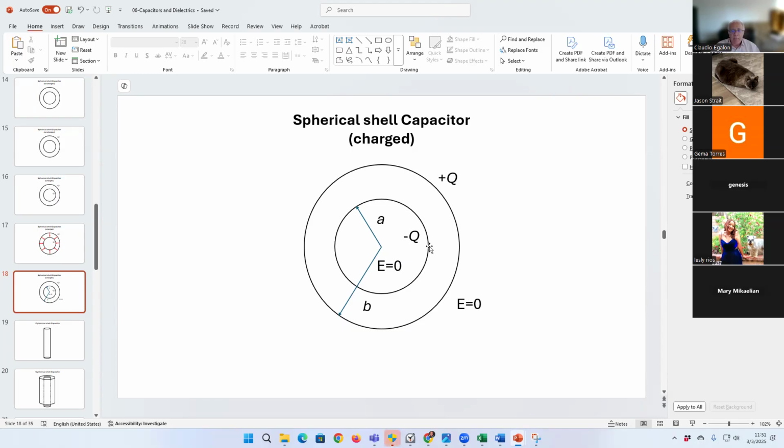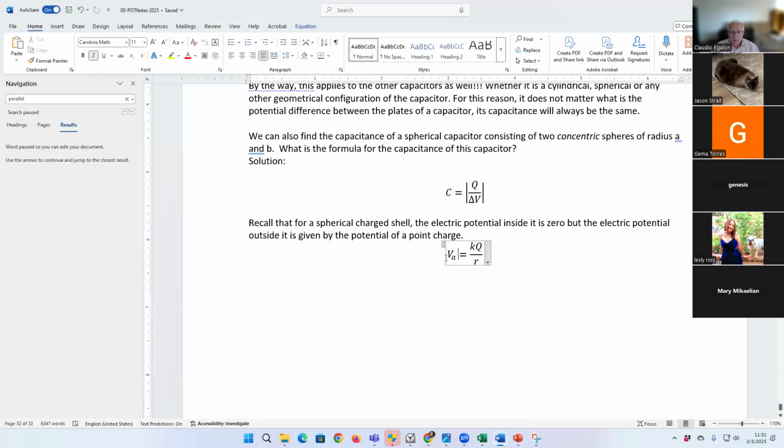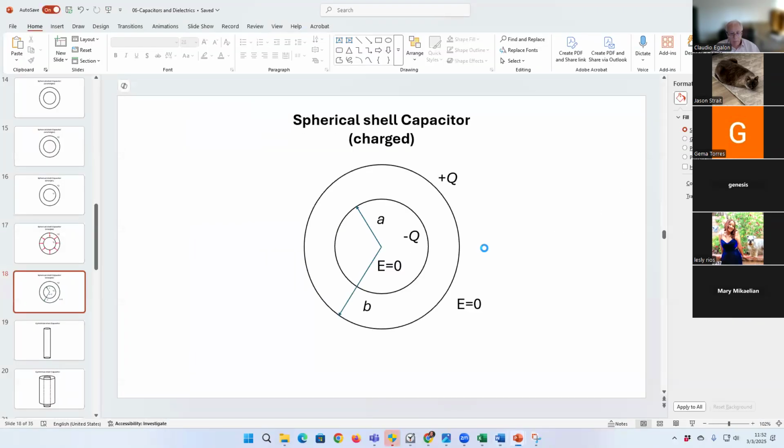What does it mean? It means that between this point and this point, the electric potential is going to be given by this equation. I'm not even going to put sub A. I'm emphasizing that's only between those two surfaces.